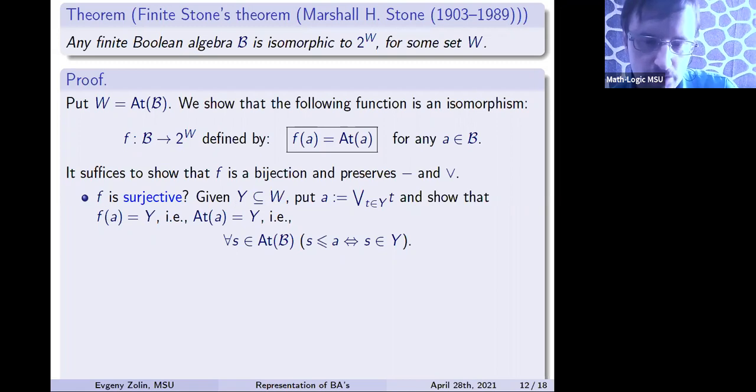Let us take the union of these atoms, the disjunction of these atoms. We claim that this is the element that we need. f of A is exactly Y. So this means that for any atom S, S is below A if and only if S is an element of this set Y.